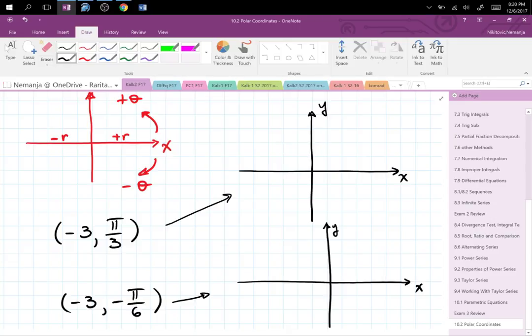Okay, so -3 will be on the left, so we draw the radius on the left, and we need to go positive angle pi over 3, which is 60 degrees, which is somewhere on this line, right?